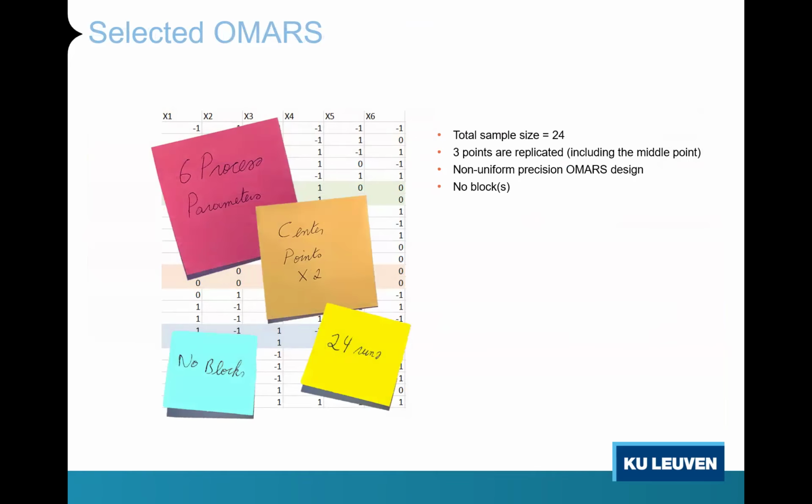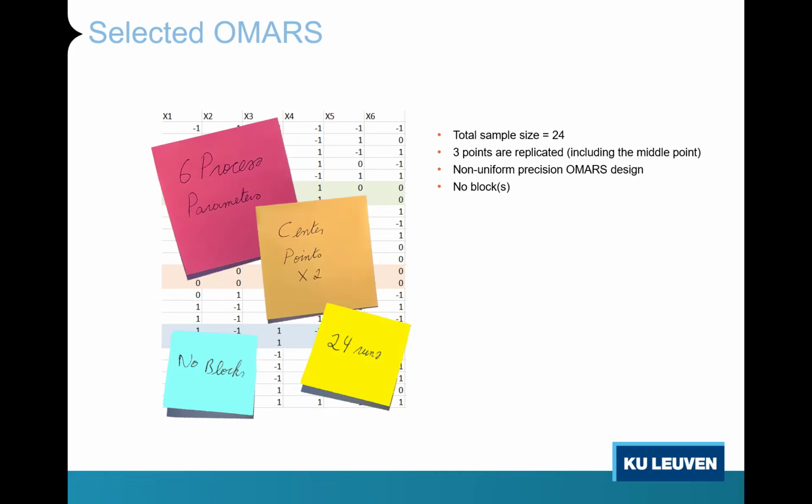GSK has been using the software to select the OMARS designs themselves. And they picked an OMARS design with 24 tests. They deliberately picked an OMARS design with replicates so that they could get a model-independent estimate of the variation in the biomasses produced.